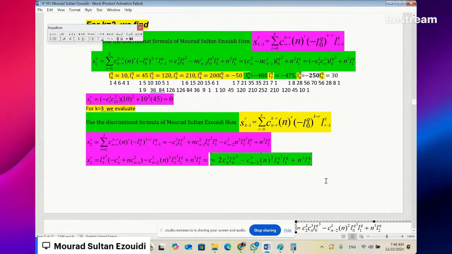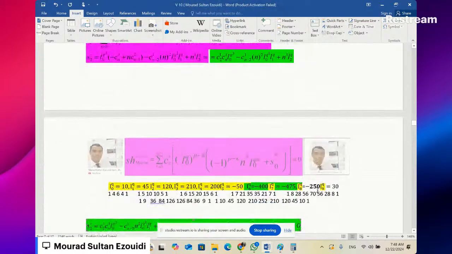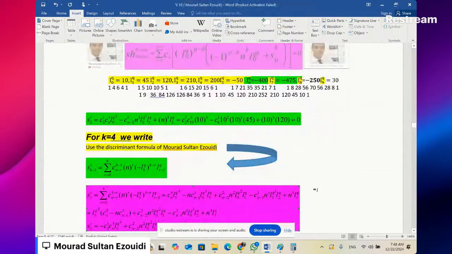So this is the formula. This formula has been generalized for any nth degree polynomial equation. Now I will make my own calculation and substitution. It will be S2 equal combination 2 choose 1 times combination n choose 3 times L0 raised to the power 3.